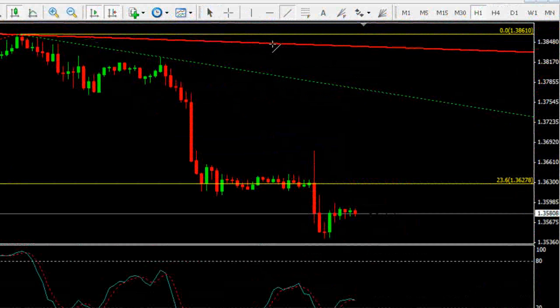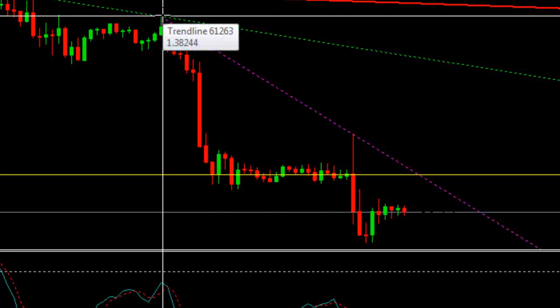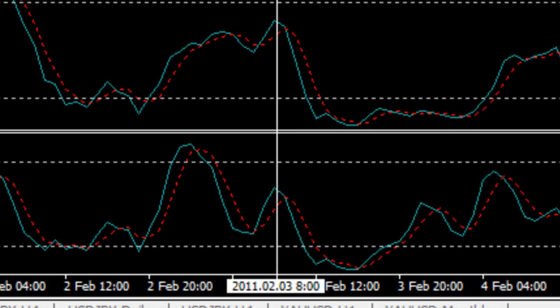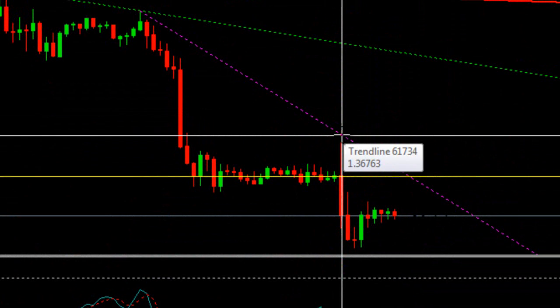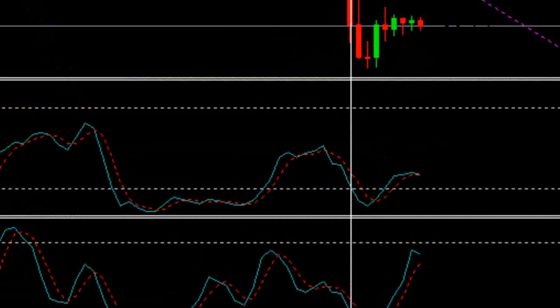And if we draw a branched downward trend line connecting this higher high to this lower high, which is at 1.3824 of the 3rd February 2011 high to 1.3676, which is the 4th February 2011 high.